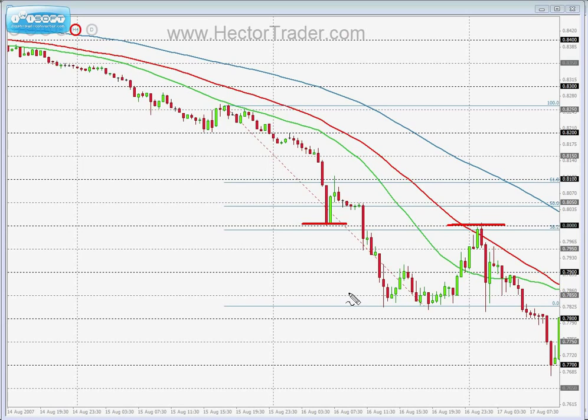Remember, trading is always buying support or selling resistance in the direction of the main trend. Since this is a downtrend, I want to be selling resistance. If my strongest level of resistance has been breached, then I don't want to search for short entries anymore.